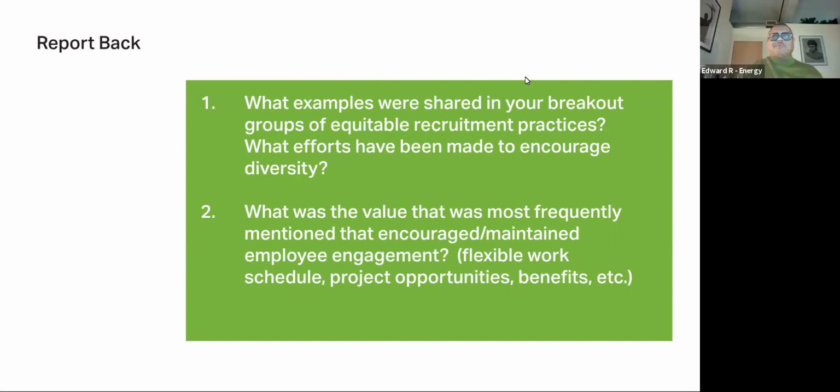Since there was a pause, I'll jump in quickly for my breakout group. One of the things was how they were looking to recruit better, whether it was using LinkedIn Recruiter, going to their large networks on LinkedIn to check with their friends and see if they knew anyone. Of course, headhunters.